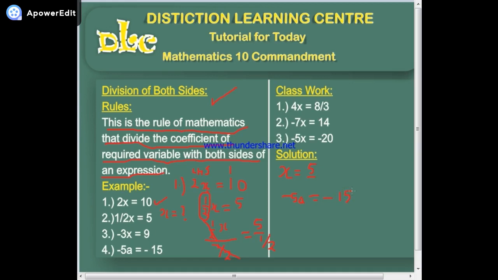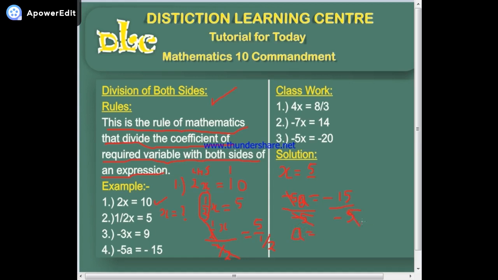You divide both sides by the coefficient of a. And what is the coefficient of a? That is minus 5. So you divide both sides by minus 5. So minus 5 we cancel minus 5. So what will now remain here? It will remain a equal to.